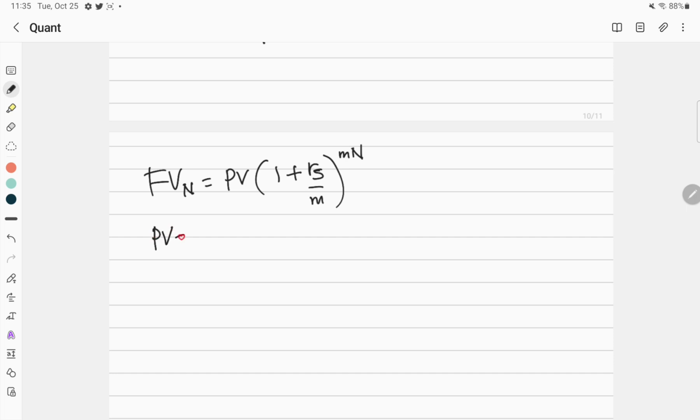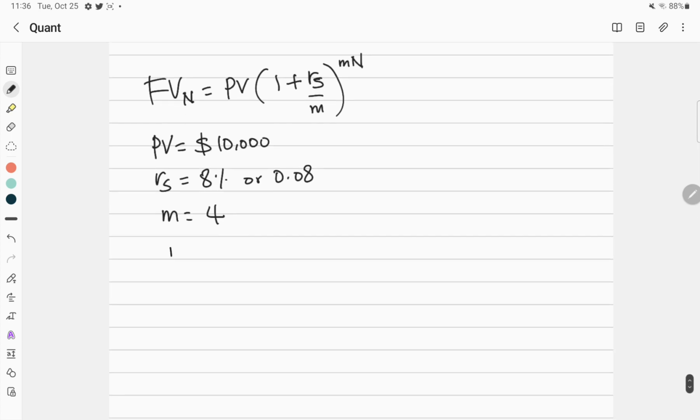So present value, today you invested $10,000, right? They said this certificate of deposit pays an annual interest rate of 8%. So your RS is 8% or 0.08. And they say this certificate of deposit is compounded quarterly, right? So your M is 4 times, okay? And we have a maturity period of 2 years.